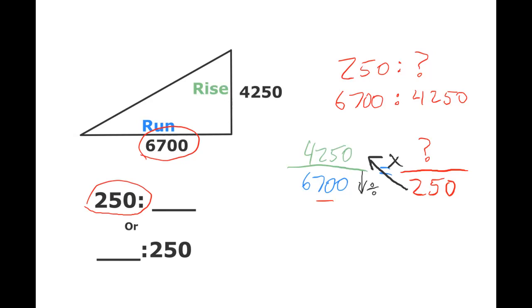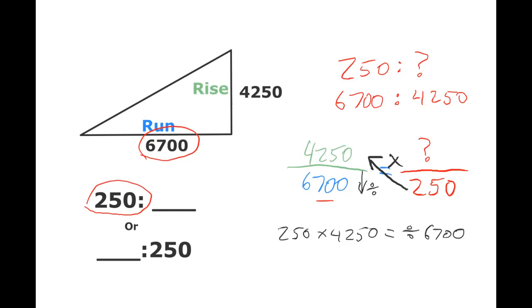So I do 250 times 42.50. I get an answer, and then I divide that answer by 6,700. So I cross multiply and divide. And that's what that looks like if I need to. Don't forget the equal sign.